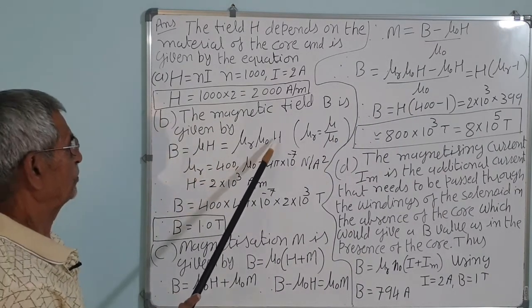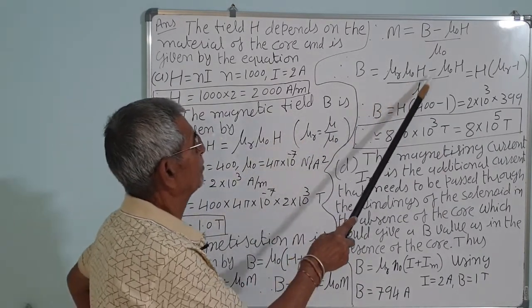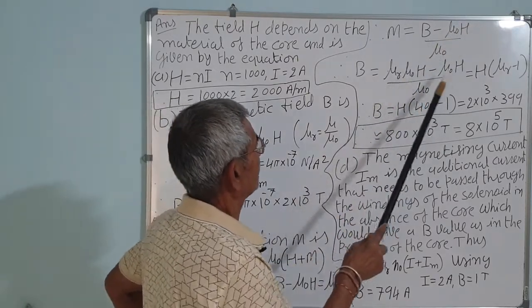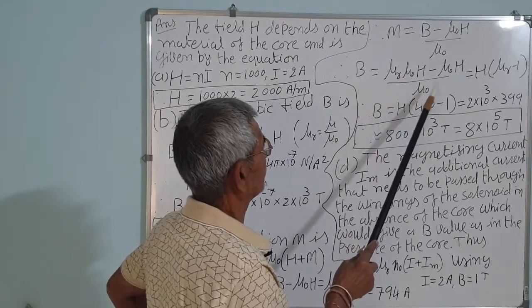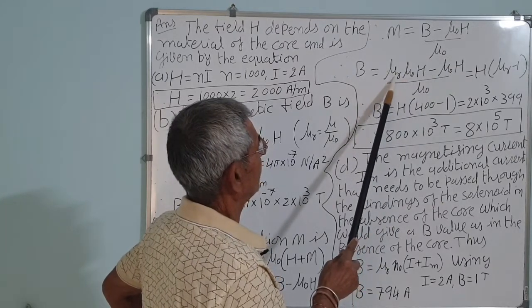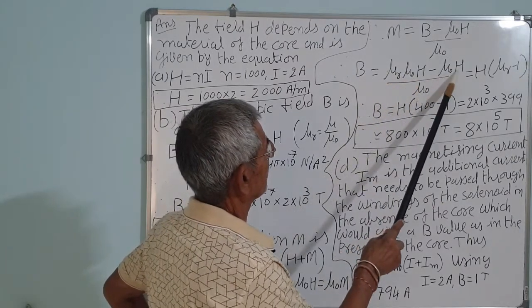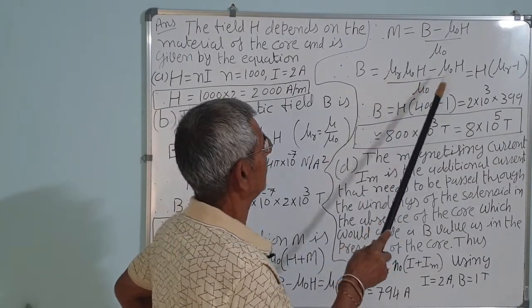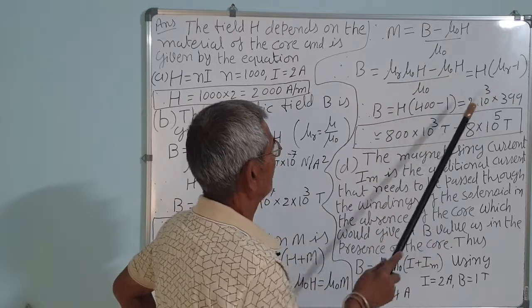B is equal to mu r mu 0 into H minus mu 0 H upon mu 0. So mu 0 is common, it will be mu r H minus H. So H is common again. If we take H common, the bracket will be mu r minus 1.